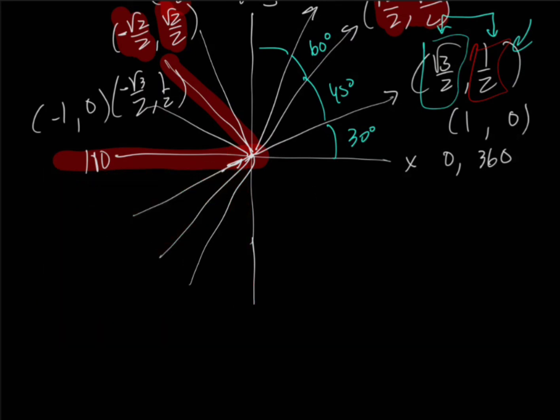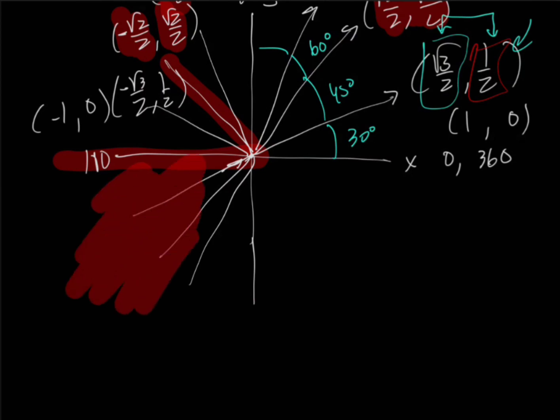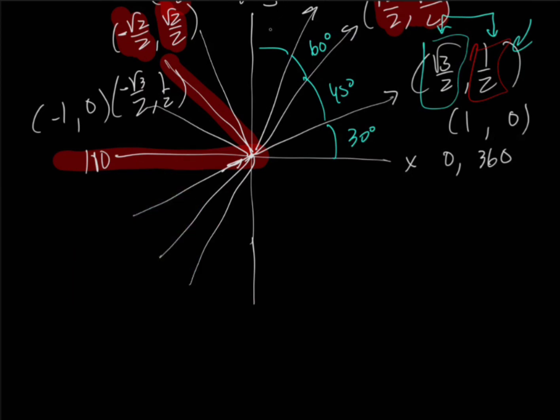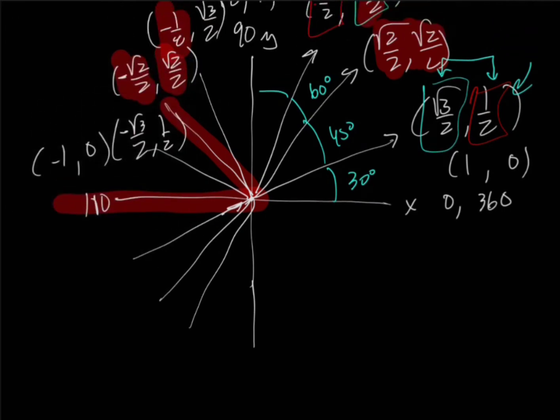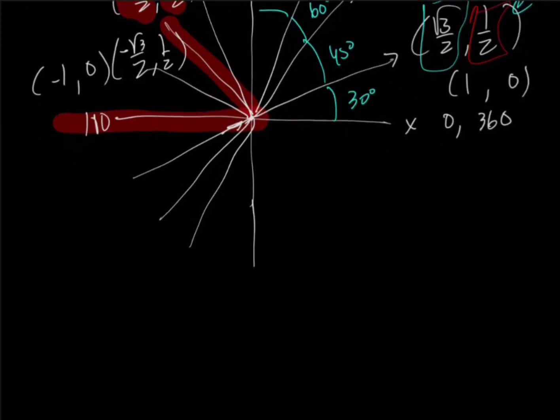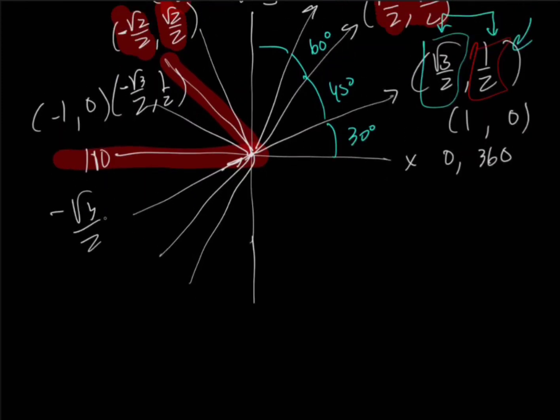So based on that, we know that all coordinates in this range have to have negative x and negative y values. Well, right here we had negative square root of 3 over 2. Well, over here we also have negative square root of 3 over 2. But this time we have negative 1/2 because we're in the negative y space. We're below the x-axis.